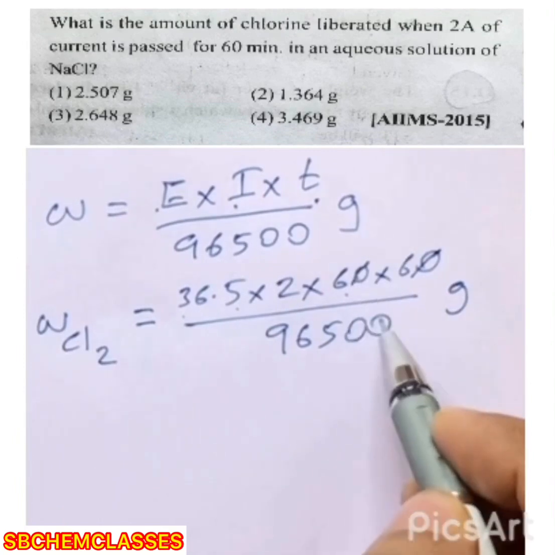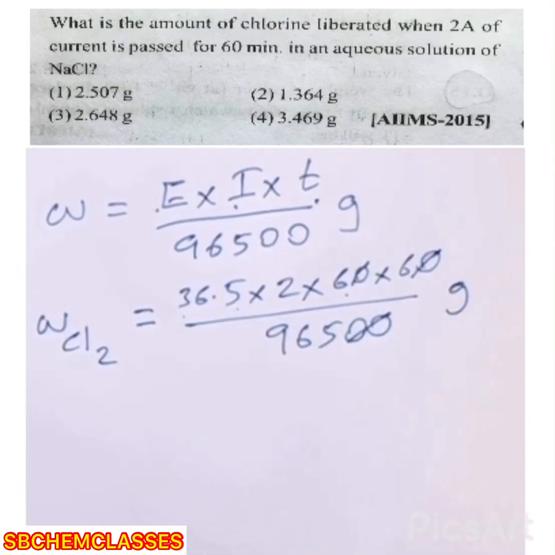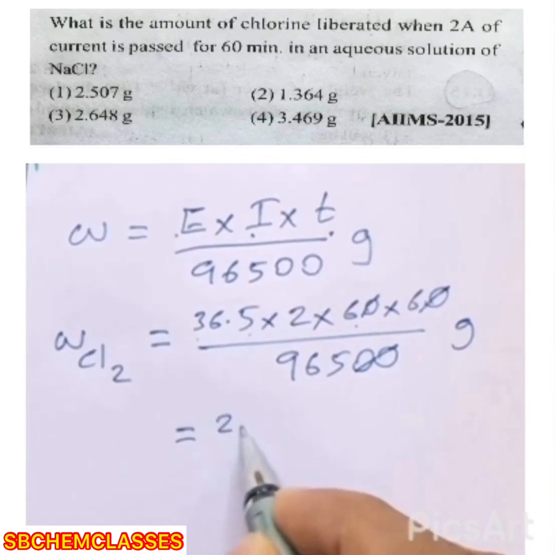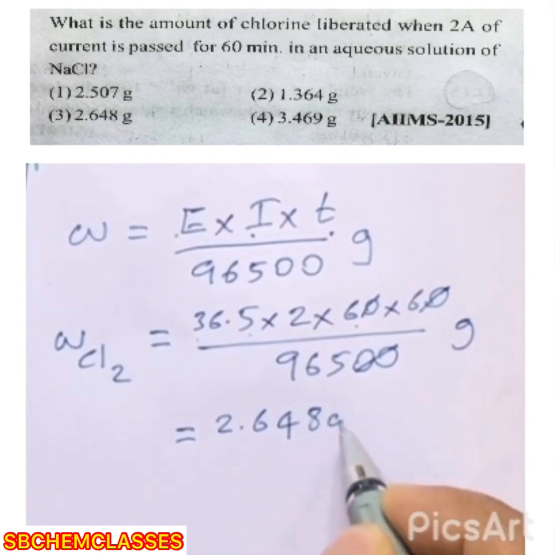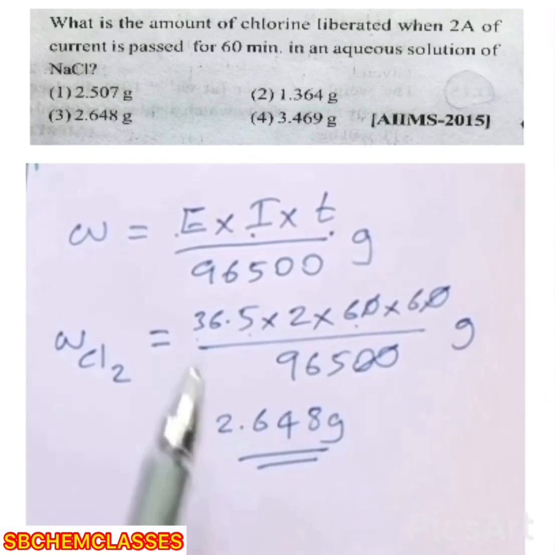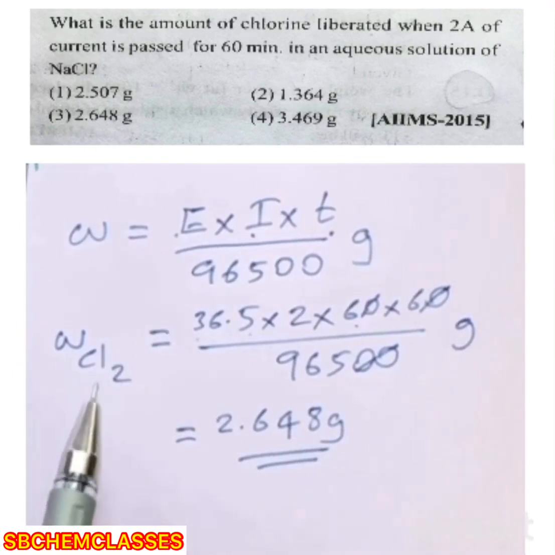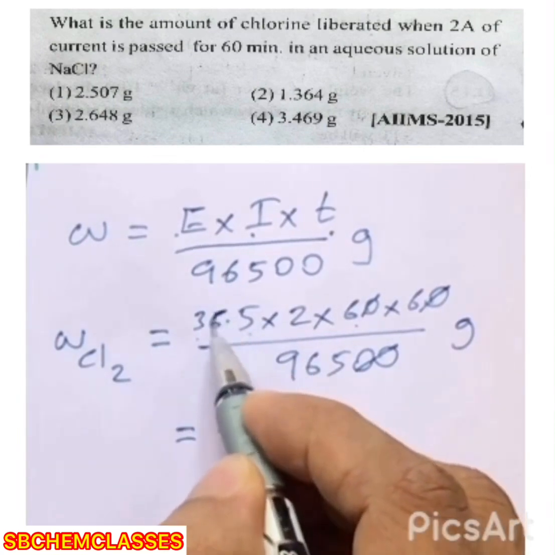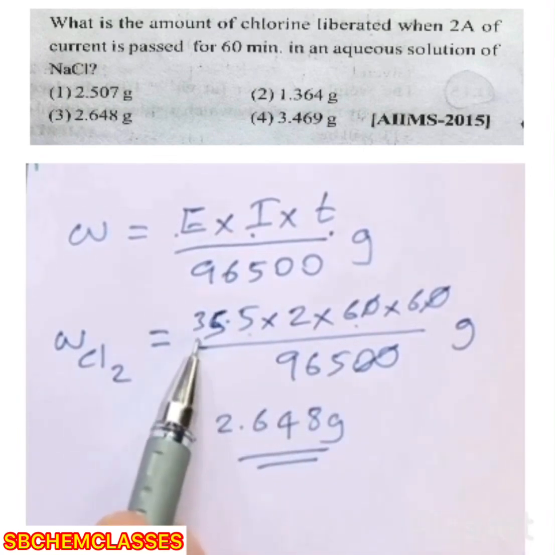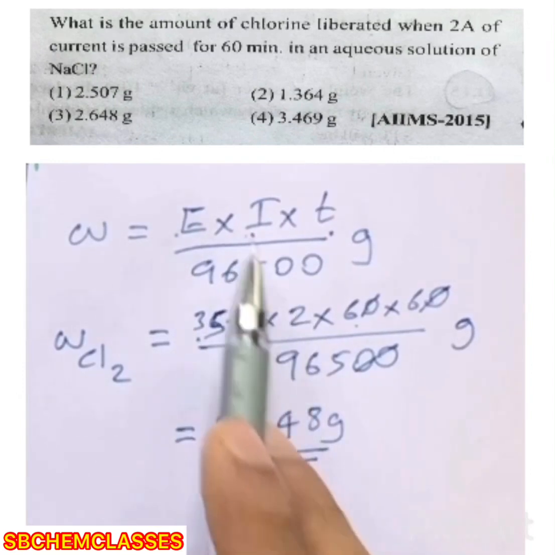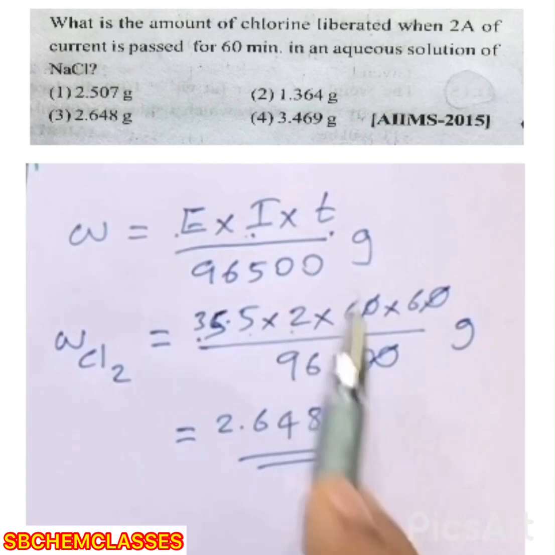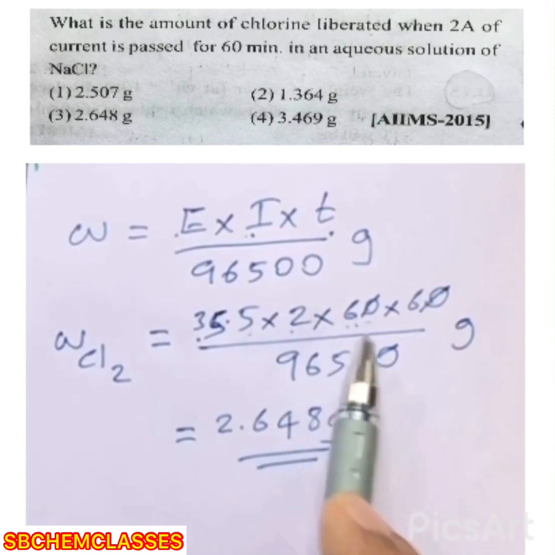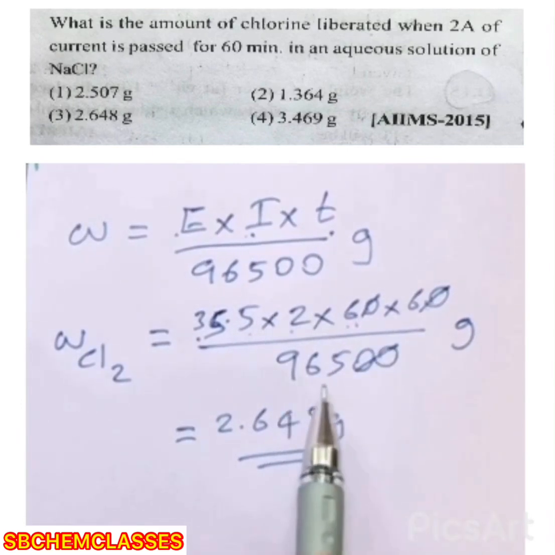We can solve the problem like this, and the answer is 2.648 gram. Here E is the equivalent mass of chlorine, that is 35.5, because the atomic mass of chlorine is 35.5, its valency 1. I is current intensity, that is 2. Time is given in minute, I convert to second and divide by 96500.